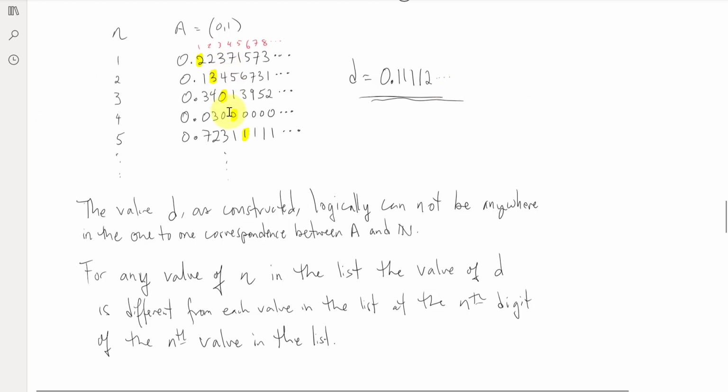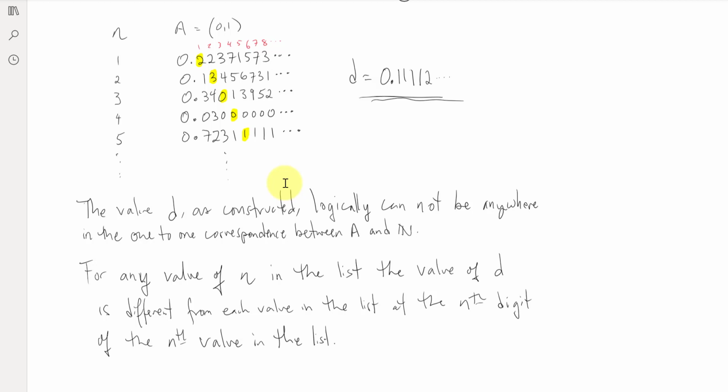So the longer you look down this list of values in the set A, the more you know about the value d, and the more that you continue to confirm that d isn't on that list, because it's simply being revealed and constructed to be something different than every single possible value that occurs on that list of the set A. So while we had assumed that there is a one-to-one correspondence between the natural numbers and the set A, we are led to an impossible situation, a contradiction, where that one-to-one correspondence fails to catch every single value that's in the set A.